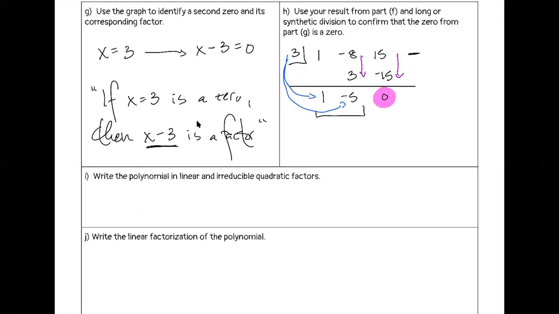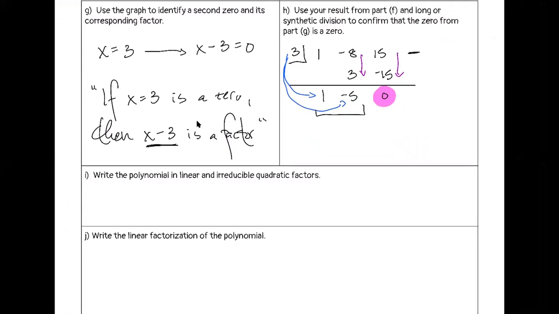All right, so let's add some more vocabulary on here. It says, write the polynomial in linear and irreducible quadratic factors. Now, in this case, we do not have any irreducible quadratic factors, but we might in some of the other examples, and I'll talk about what that means when we get to the other example. So for part I, we can say that after we used synthetic division the first time, we got x plus 2 times x squared minus 8x plus 15.